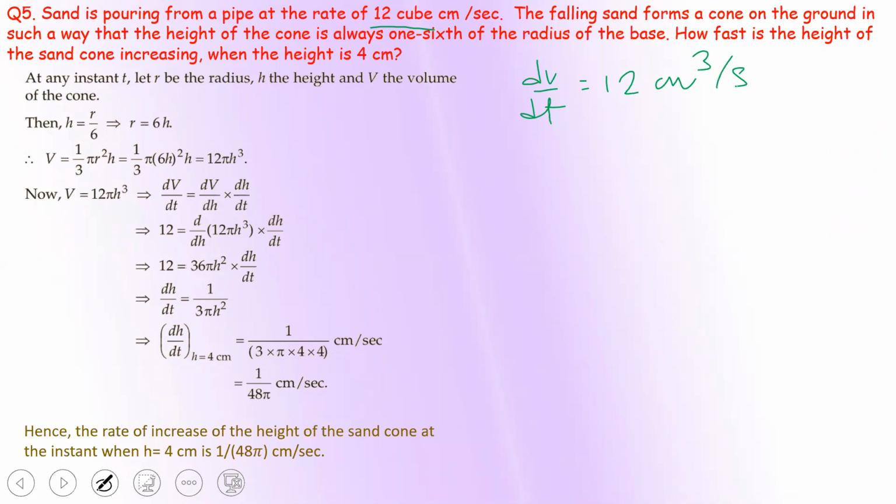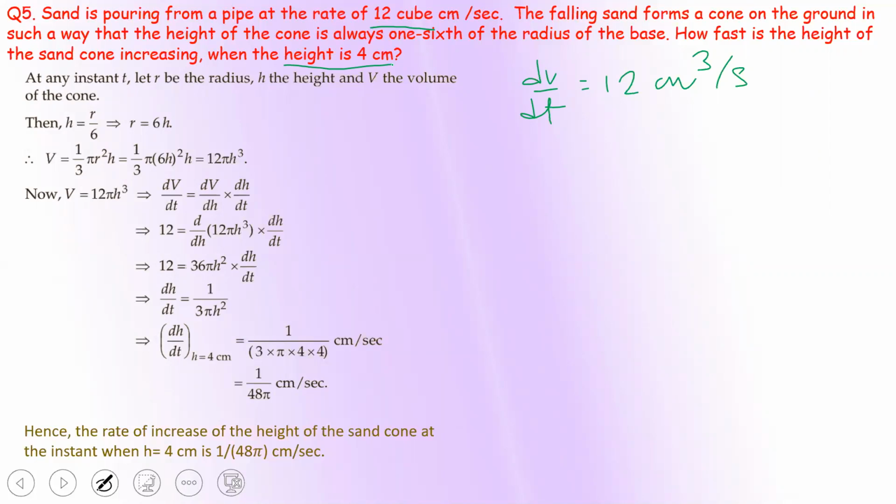Now you need to find this dh dt, that is the rate of change of height, increasing when the height is 4 centimeter.